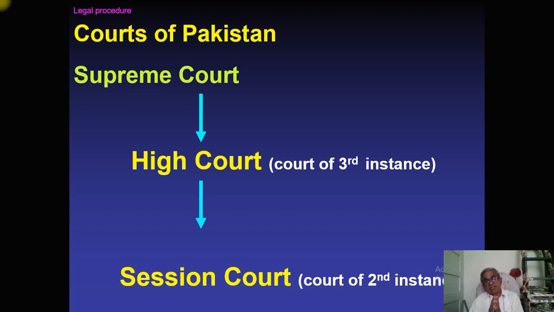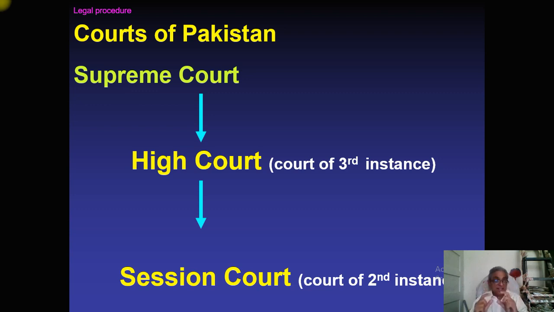So the Supreme Court is the highest court of Pakistan. It is a court of appeal against the decision of the High Court, and the main work of the Supreme Court is to interpret the law and the constitution.